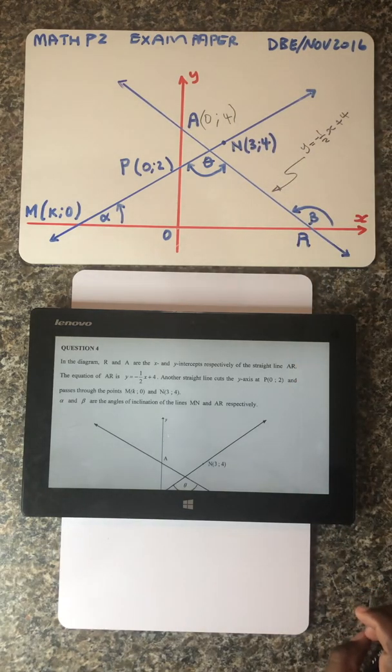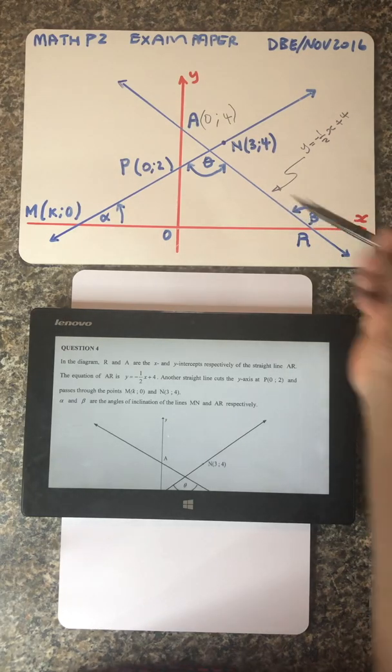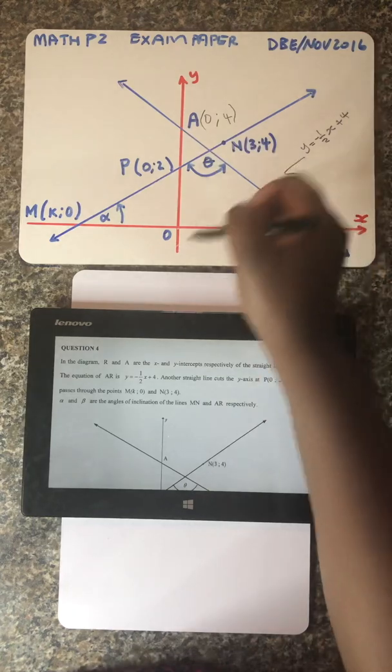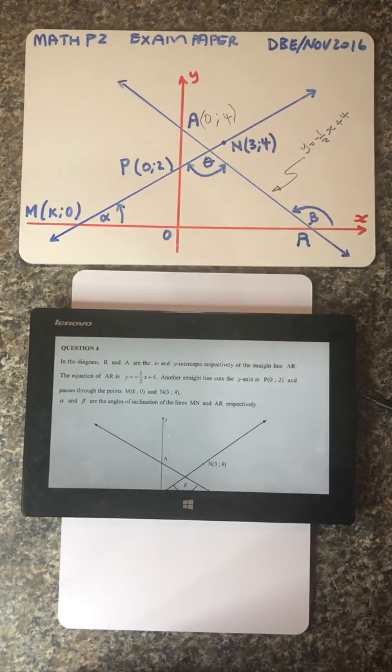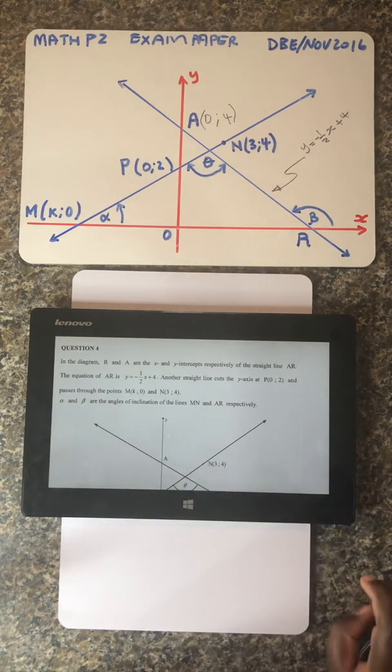So guys, you'll realize that initially I had only two colors, which is blue and red. So the additional information that I'm writing in black marking pen is the information that I get as I read the statement.